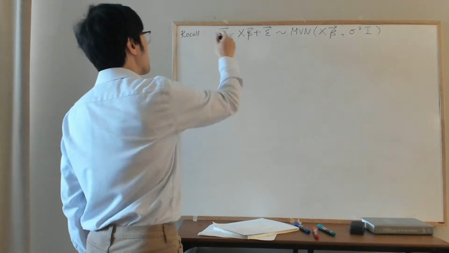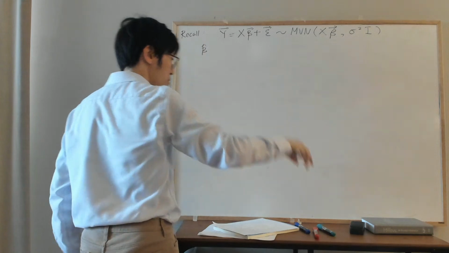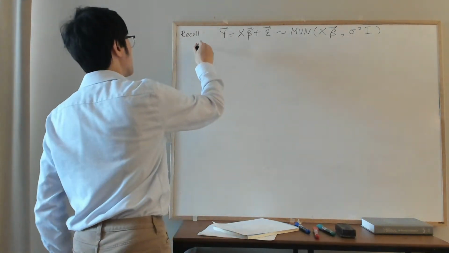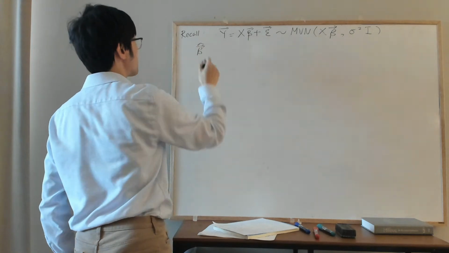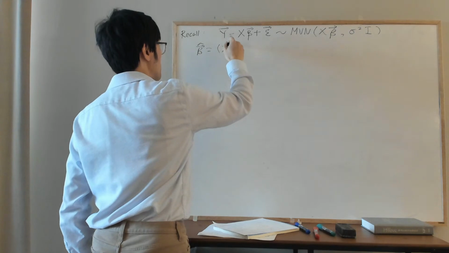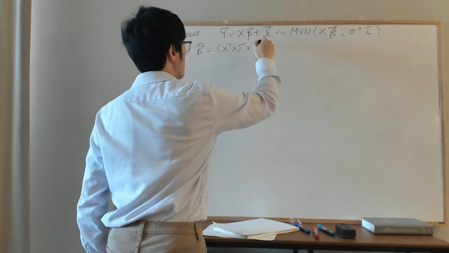So we also learned that the parameter estimates, beta hat, can be written as X transpose X inverse X transpose times y.